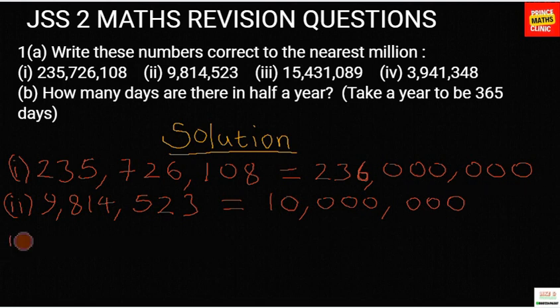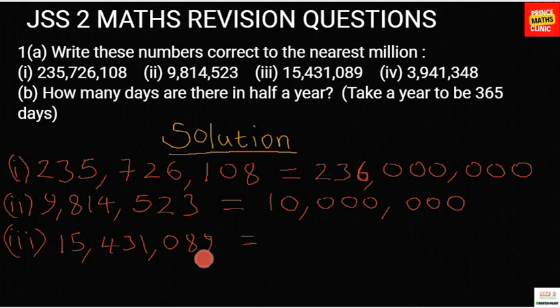So let's go. Number 3 question says we should convert this number 15,431,089 to the nearest million.